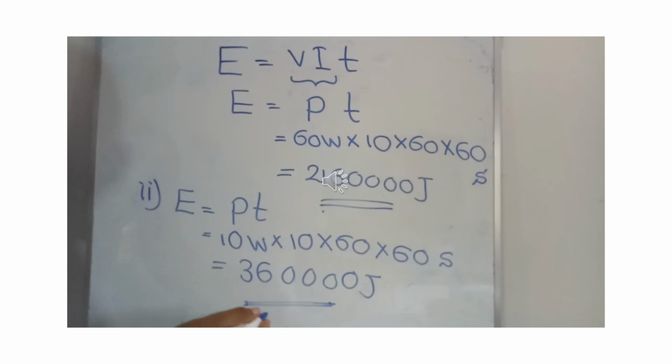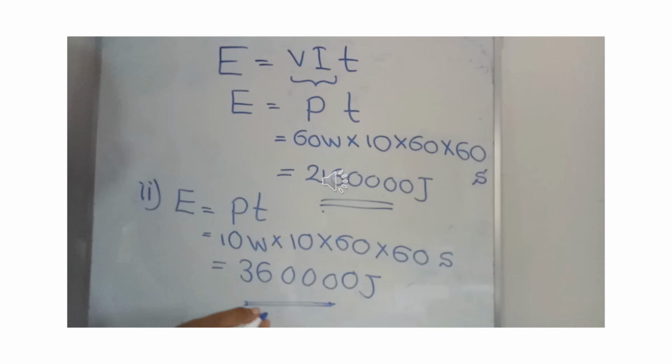I told you electrical energy consumption E equals VIT. V means the voltage, I the current flow, and T the time. Instead of V and I, we can use P, or power. Power equals the product of voltage and current. Here the power is given in watts. Then we can substitute 60 watt into 10 hours.